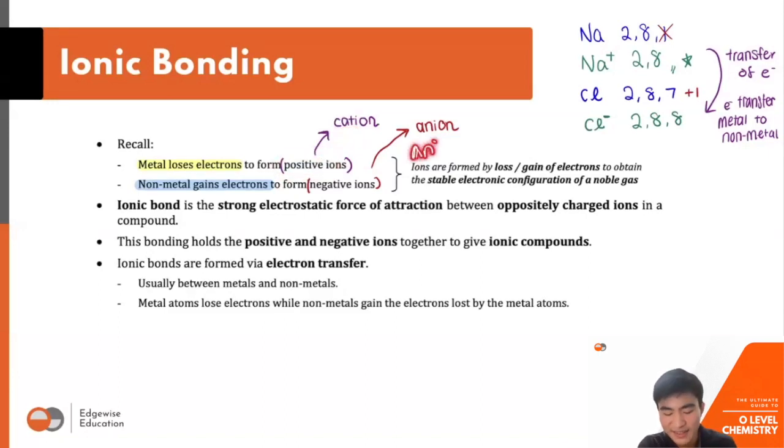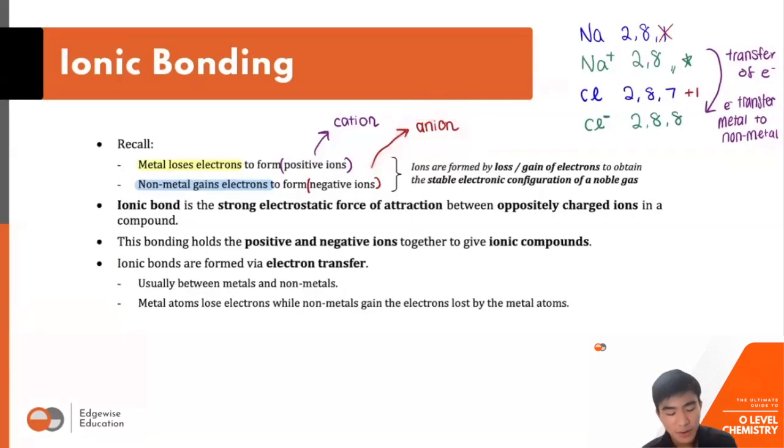Now you see a lot of ants. Wow, so disgusting, right? Negative. So you see, cat, positive ion; anion is a negative ion. Just remember this. So, metal forms cation. Cations are positive. Non-metal, they form negative ion, anion.